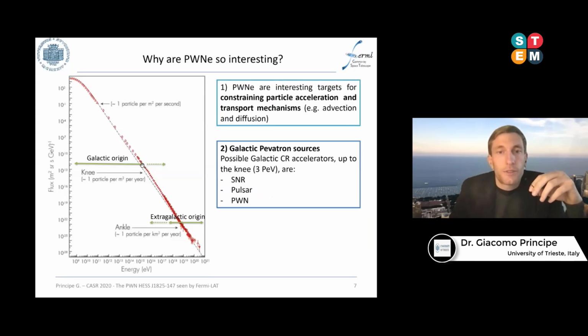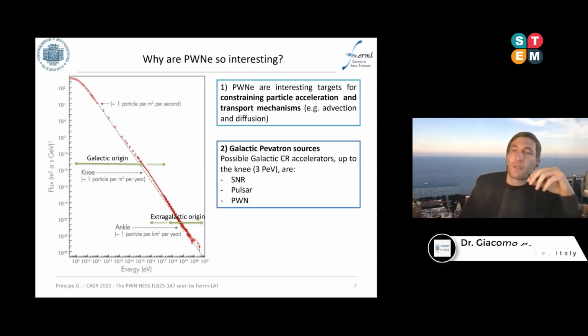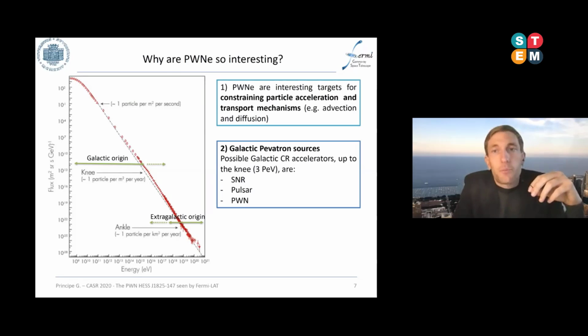So about those Pulsar Wind Nebulae, they are very interesting for 2 reasons. The first one is that they are good targets for constraining the particle acceleration mechanism, in particular because those are like natural laboratories for particle acceleration. And the second one is that they are considered as Pevatron candidates. What does it mean, Pevatron?